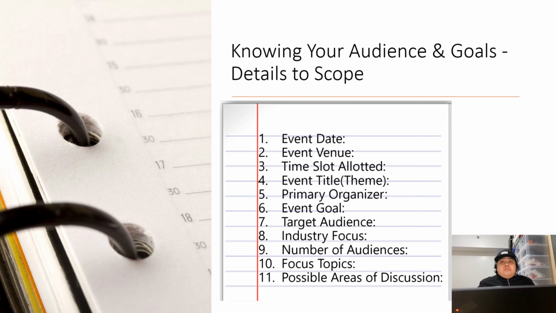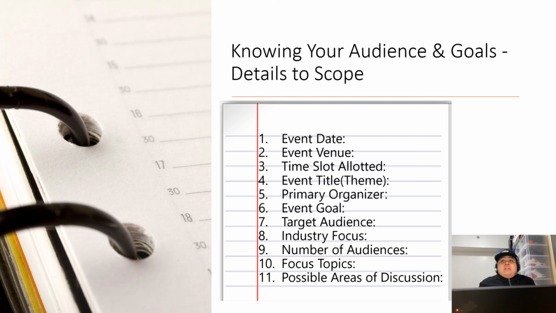Next, you should also be able to know what is the goal of the event or the meeting that you are delivering, because all of these items might be important to you, so that you will always be relevant to what you're saying to the event.